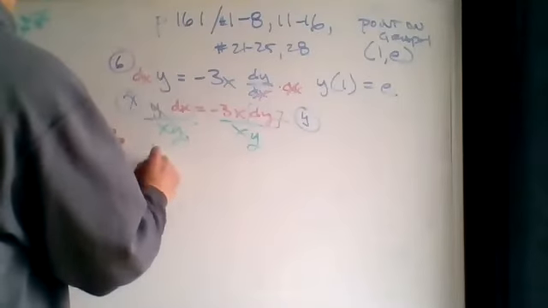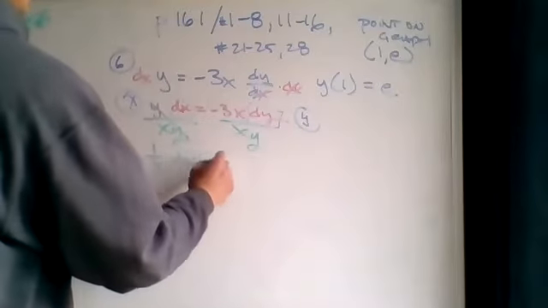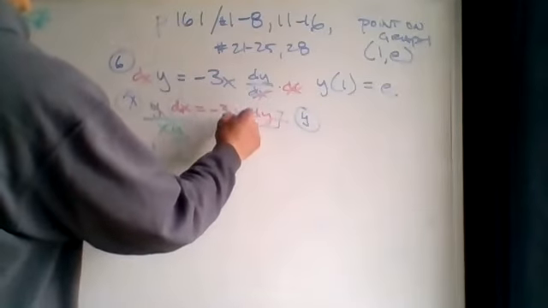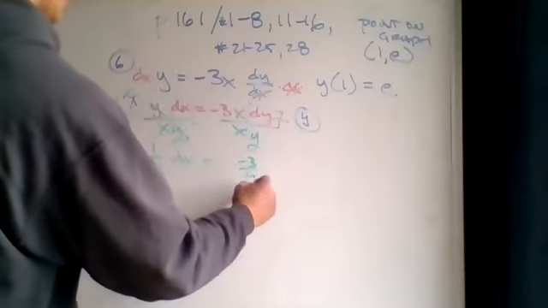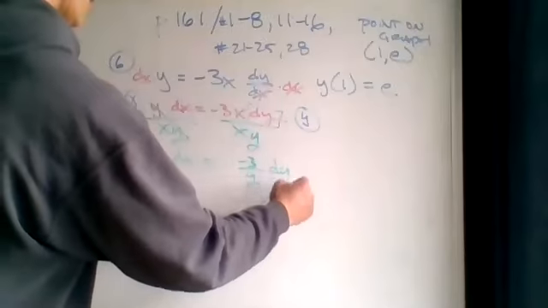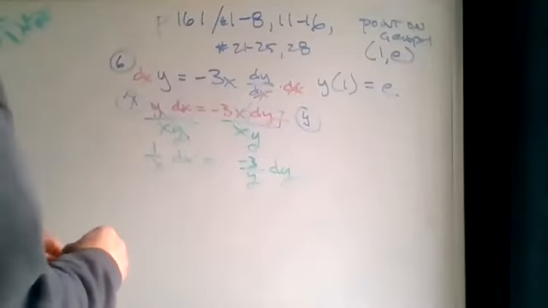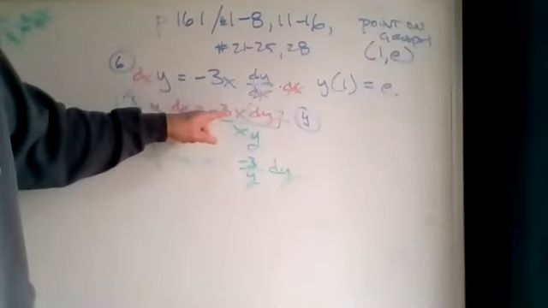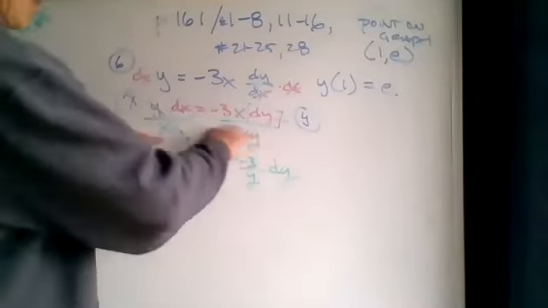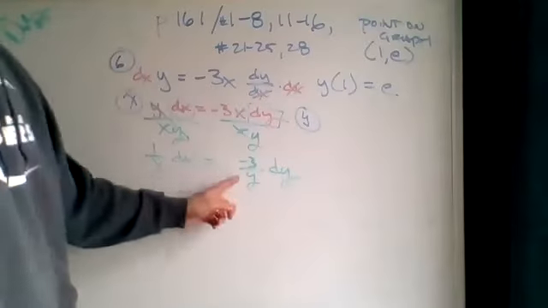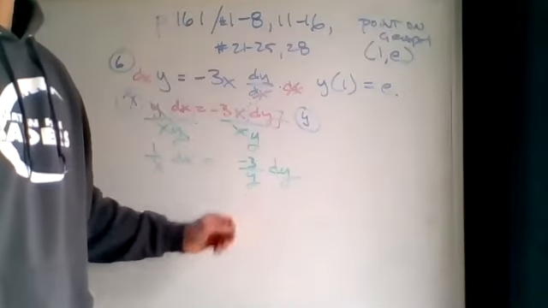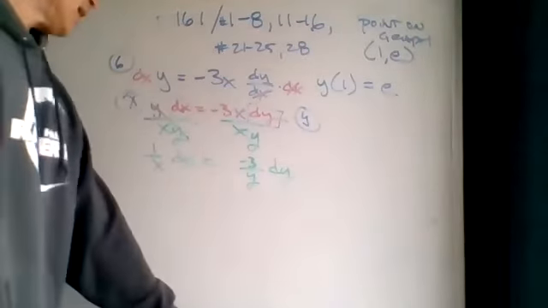So I get 1 over x dx right here, and then negative 3 over y dy right there. I'm dividing by what is effectively the common denominator, and this is what I get for separating the variables. Okay, so now I can integrate.